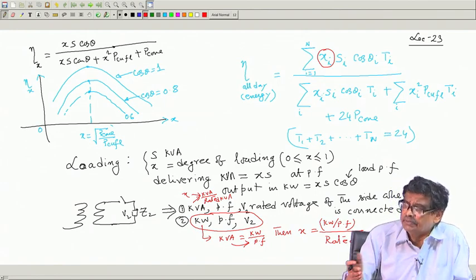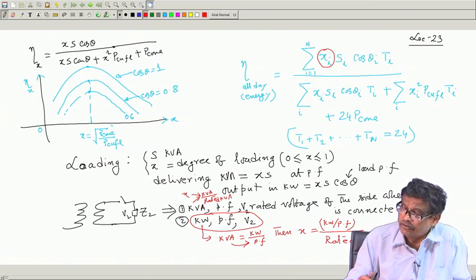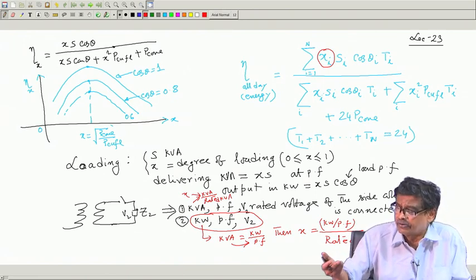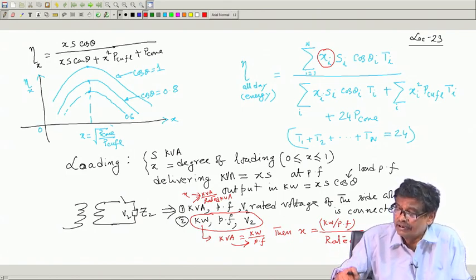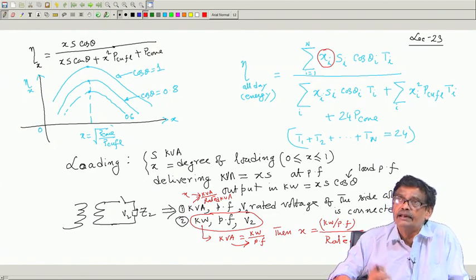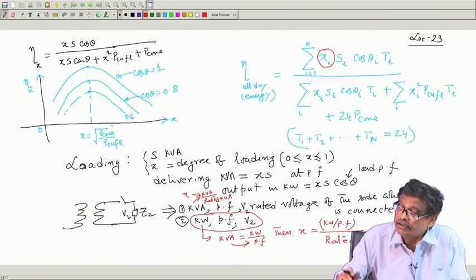If the load is totally described over the 24 hours, for T1 hours it is x1 degree of loading, for T2 hours x2 degree of loading. So, my target will be to calculate x1, x2, x3 depending upon the load it is handling at different intervals of time, and I hope you have understood how to calculate the degree of loading and use it here.